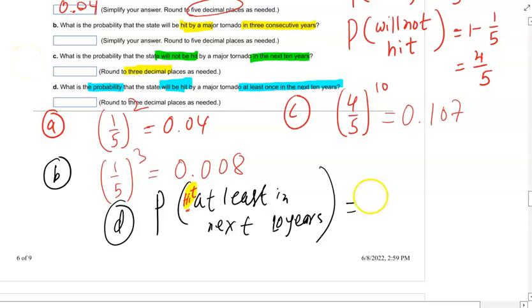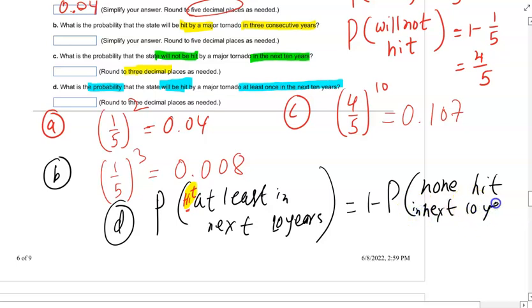This is 1 minus the probability of no hit in the next 10 years. That means none of the tornadoes hit in the next 10 years.